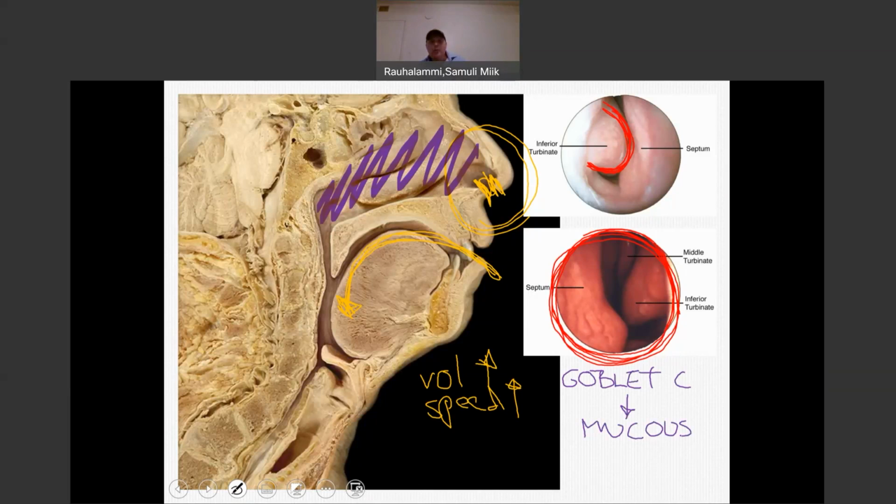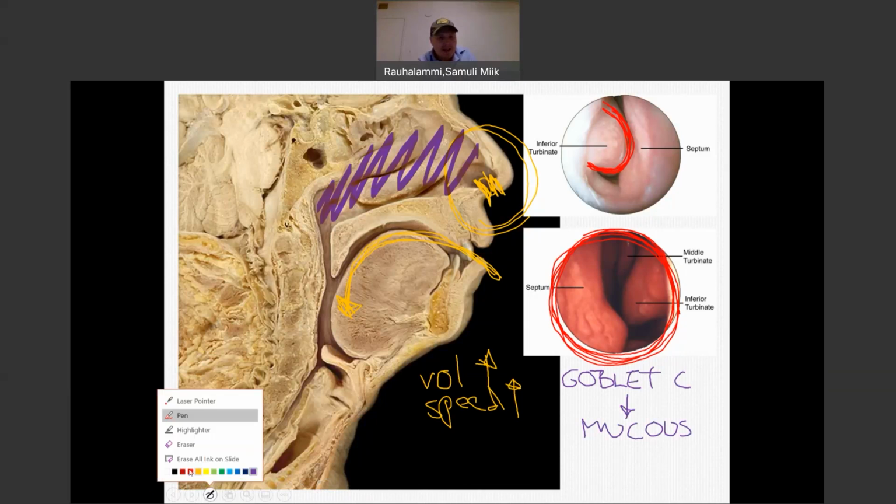And this mucus really is important to meet two of the important roles that we have assigned to the nasal cavity as a part of the respiratory system. So let's have a look at those functions, what we're hoping to achieve with the air passing through the nasal cavity.